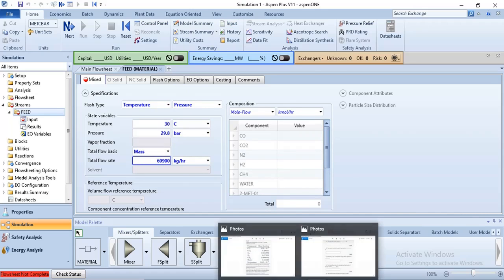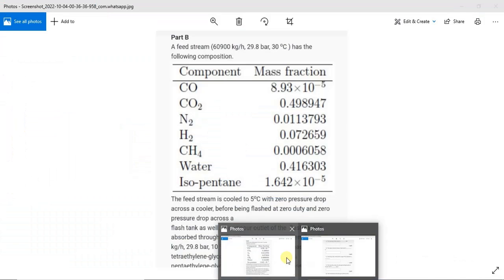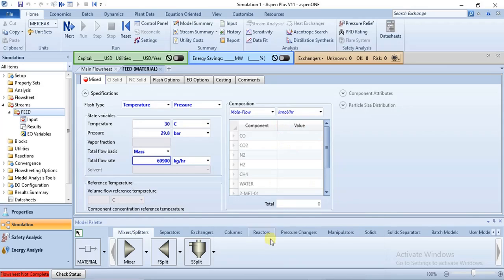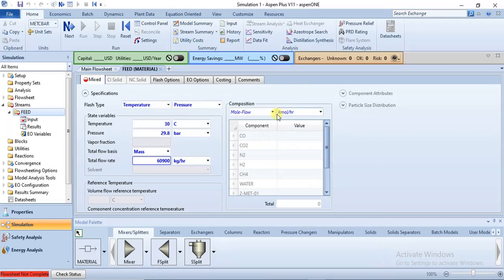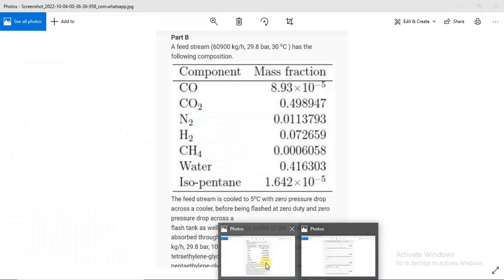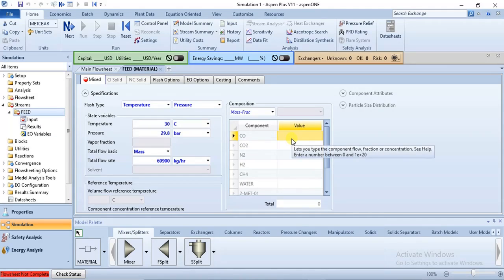Let's check for that. CO is 8.93, and the unit is mass fraction. So you change the composition unit to mass fraction first, then you specify their values. You have 8.93 E minus 5.